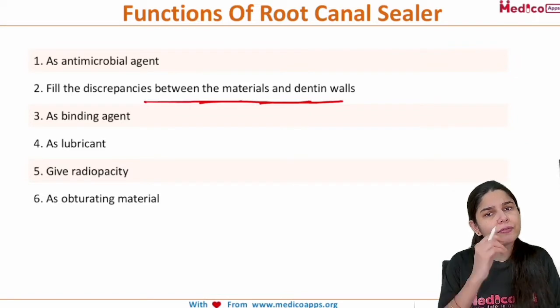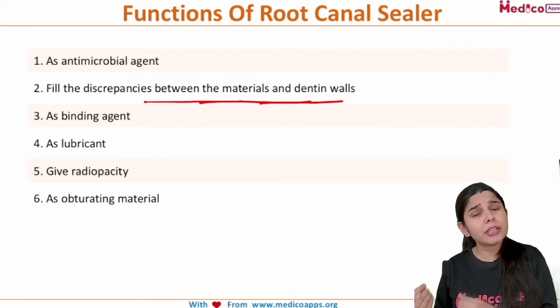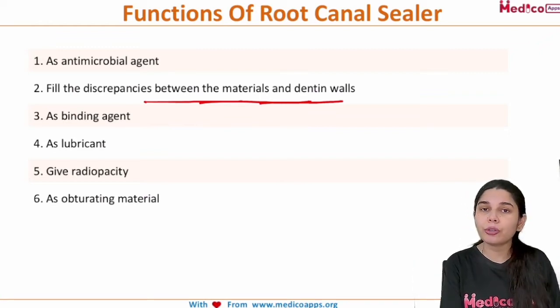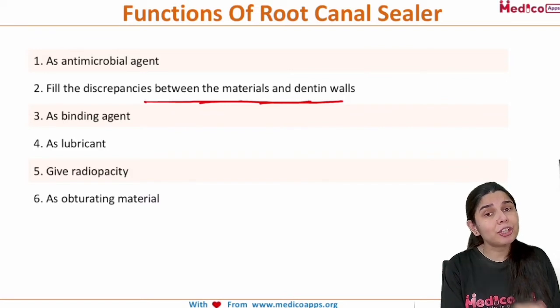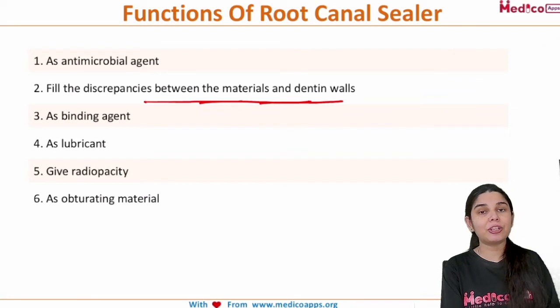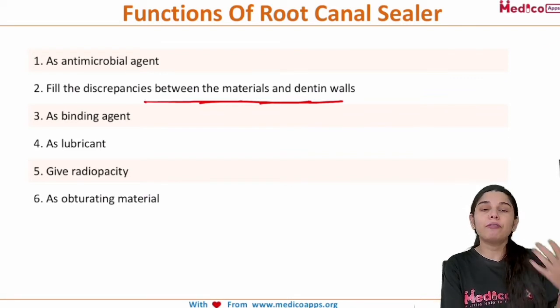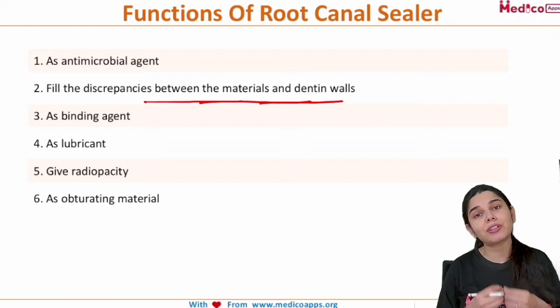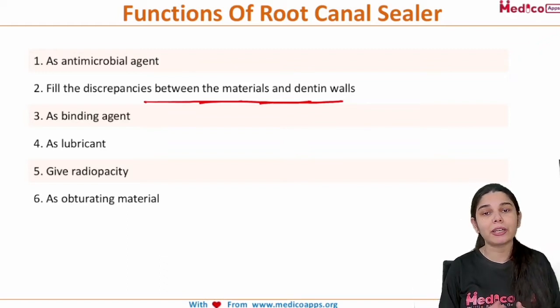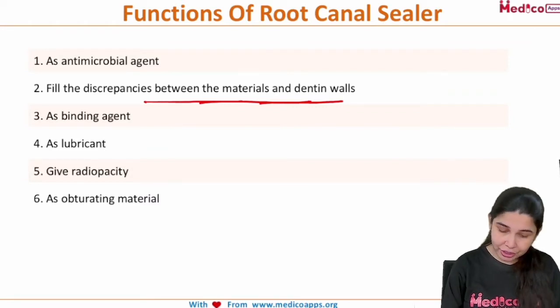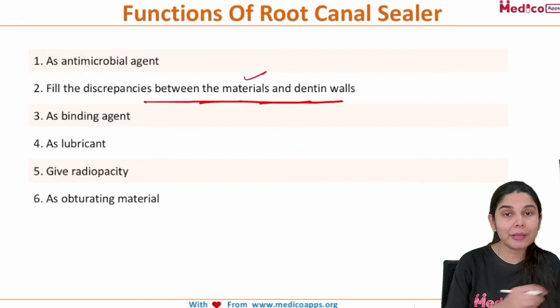If the sealer is not filled or is inadequately filled, an adequate seal won't be there in the root canal, and there might be fluid flow or infection that can reoccur. If this root canal sealer material is placed along with the gutta percha or obturating material, it will adequately seal the root canal. So the second important function is filling the gap between the material and the dentin walls.